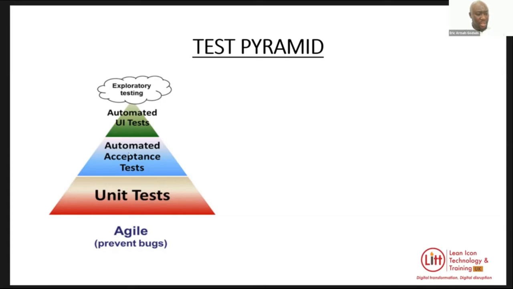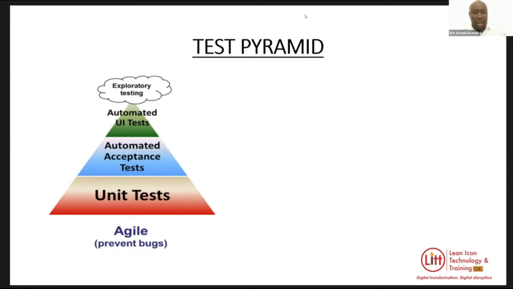Then there are fewer tests done in the middle, that is automated acceptance tests, and then automated UI tests here. At the top, there is exploratory testing, of which very little is done. The whole thing shows how much testing is done at the different levels.